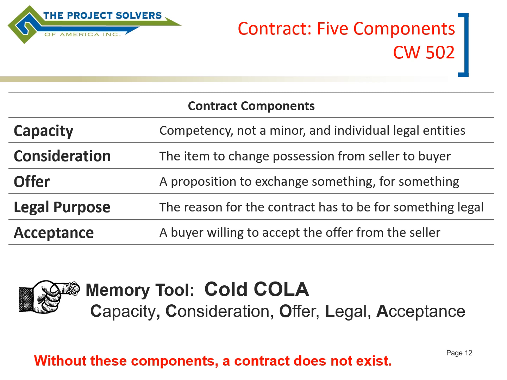There has to be an offer to exchange something, and there has to be an acceptance from a buyer willing to accept that offer. And then consideration means that once you've got an offer and acceptance, something has to change possession.